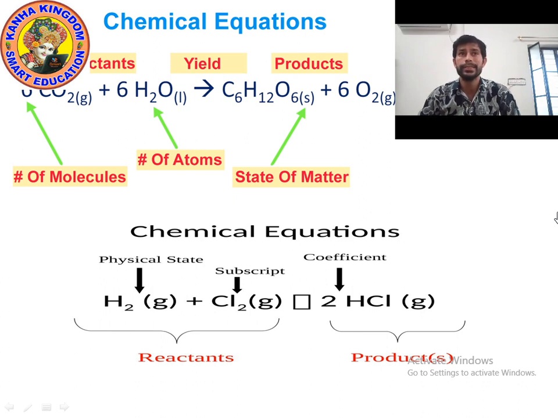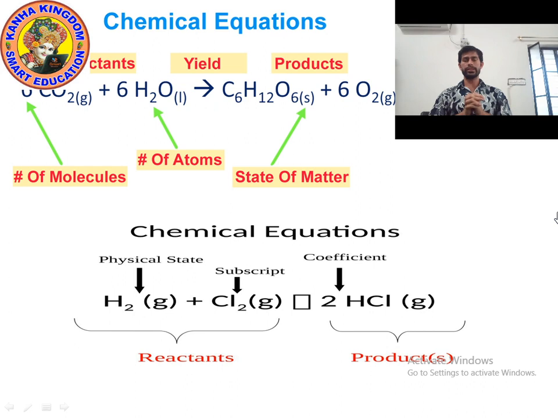CO2 is a gas, so I have written small g. H2O is a liquid, so I have written small l. C6H12O6 is glucose, a solid, so I have written small s. And O2 is a gas, so I have written small g.